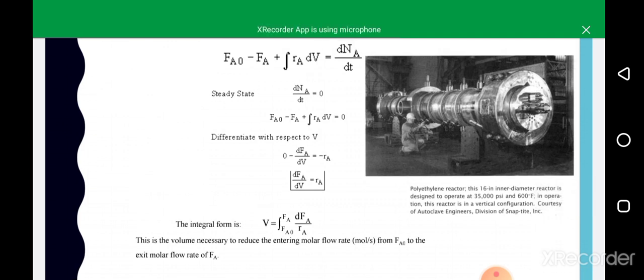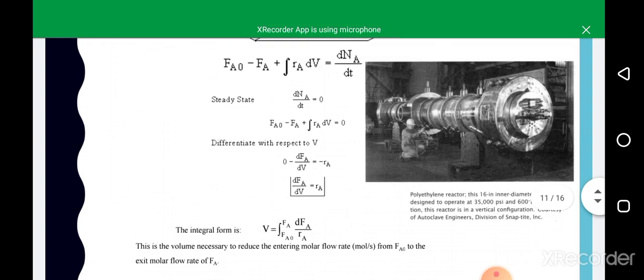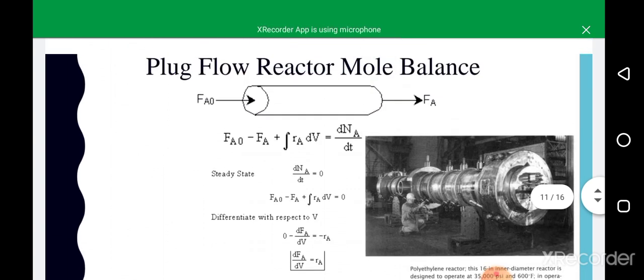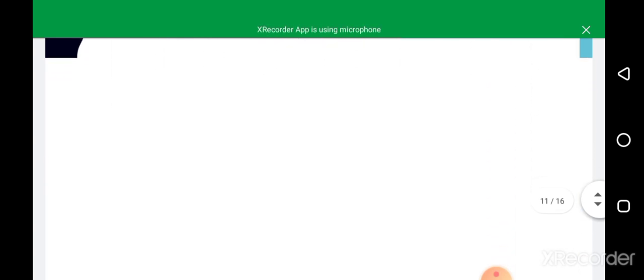Polyethylene reactor: this reactor is designed to operate at 35,000 psi and 600 in operation. This reactor is in a vertical configuration. Now this is the plug flow reactor mole balance.